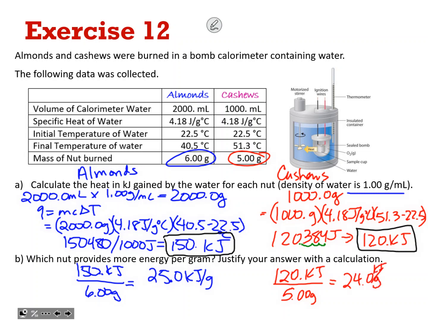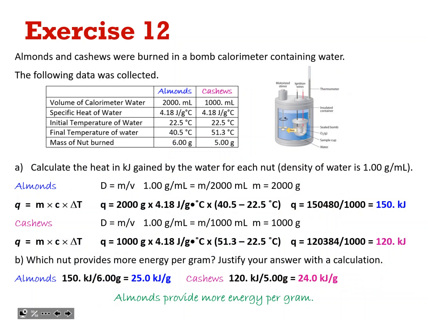There you go, kilojoules per gram. So if you're looking for more energy per gram of nuts, you probably want to eat almonds instead of cashews. Although I'm sure both are pretty tasty. Yes, so almonds provide more energy per gram. This has all the detailed calculations here if you need to go back and look at it.